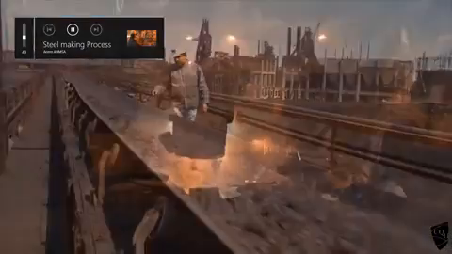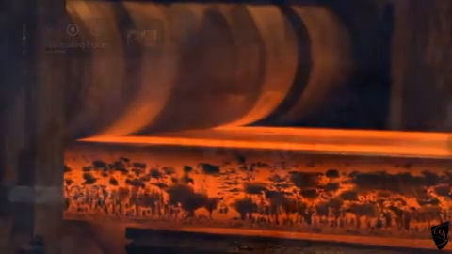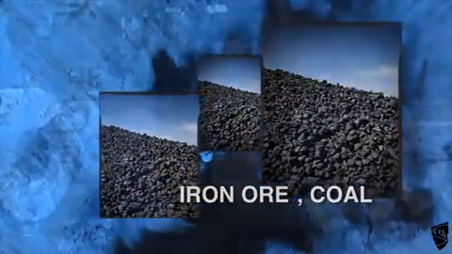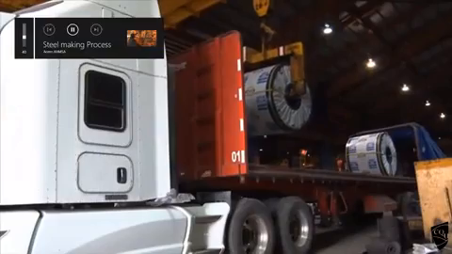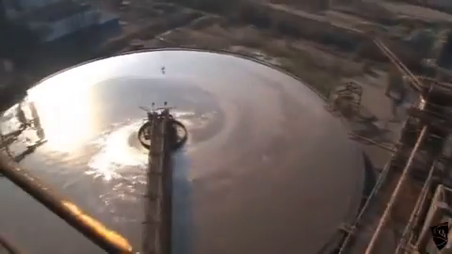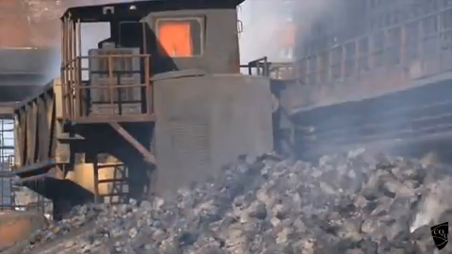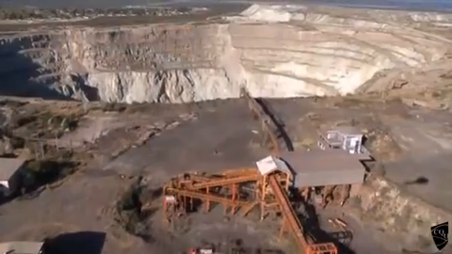Altos Hornos de Mexico, AMSA, is a fully integrated steel company which produces steel through processes ranging from the mining of iron and coal from its own mines to the completion of finished products. At the beginning of the steelworking process, the mineral ore is treated by pelletization and sinterization, while the coal is processed by coking.